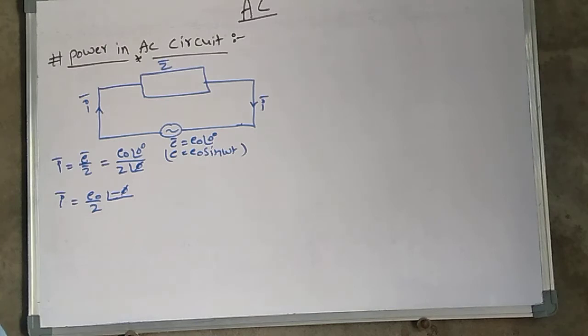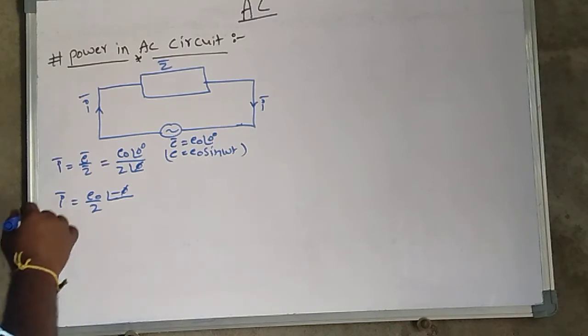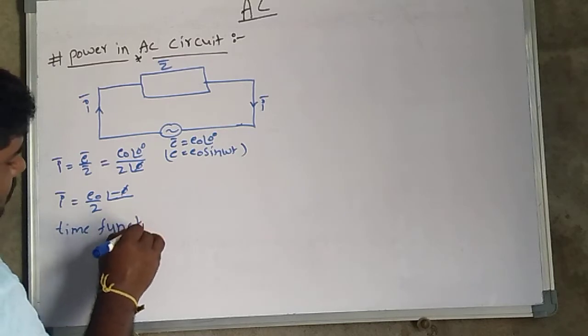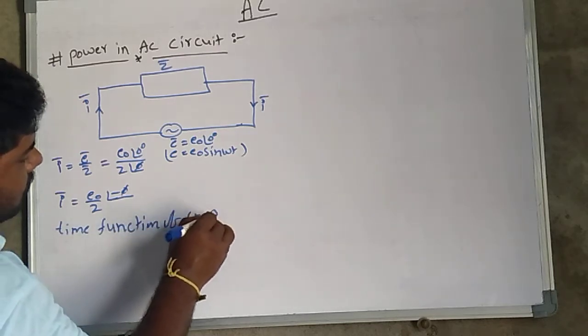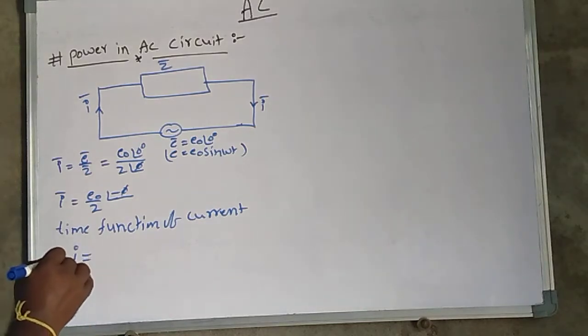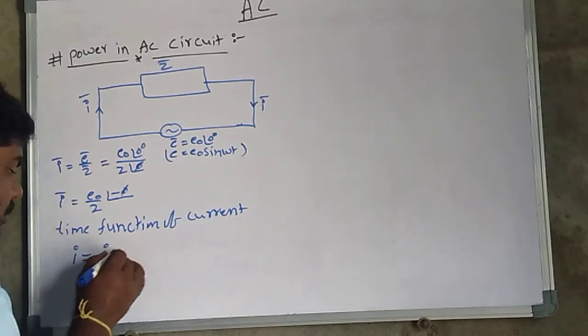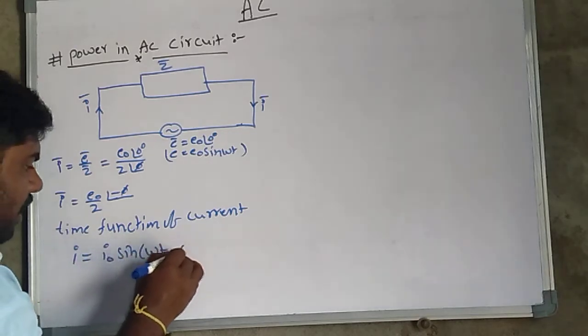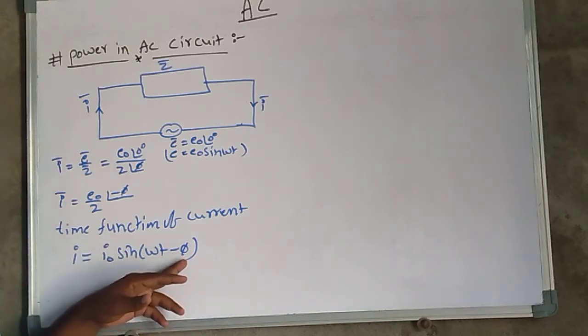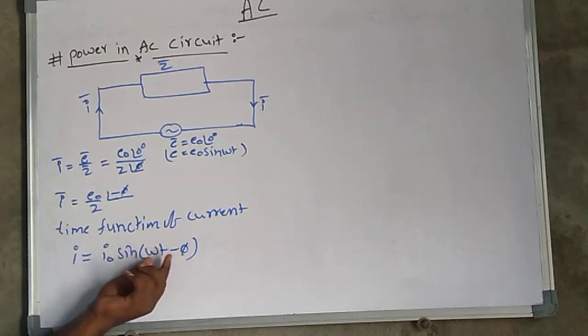This phi value also changes. So in this situation, the time function of current I is equal to I naught sine of omega t minus phi. Sometimes minus phi, sometimes plus phi, depending on your inductor and capacitor values, as we discussed in the last class.